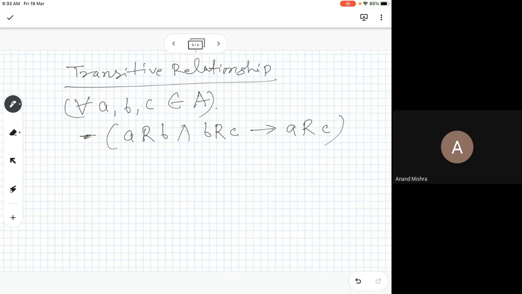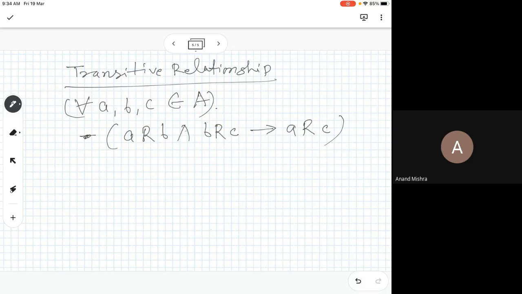In general notion, for example, just to understand, 'friend of' may not be transitive, right? India is a friend of USA, and USA is a friend of Pakistan, but that does not mean India and Pakistan are friends.